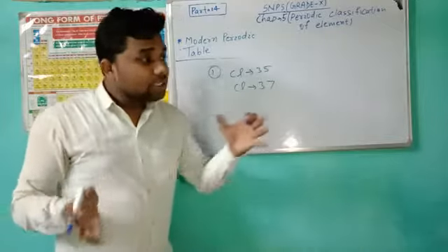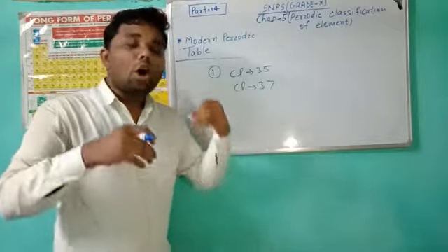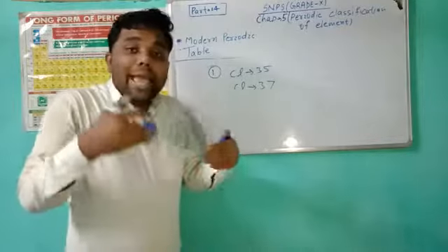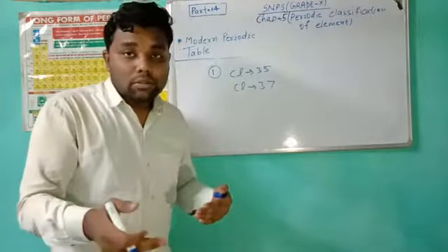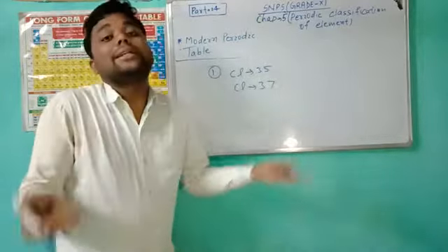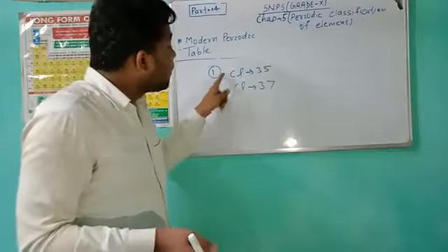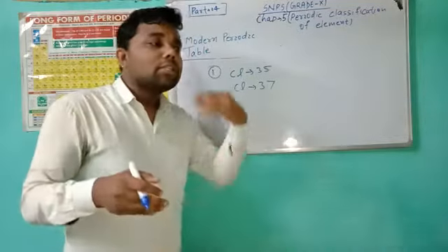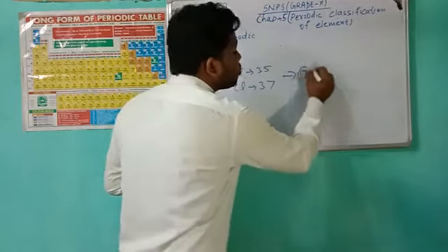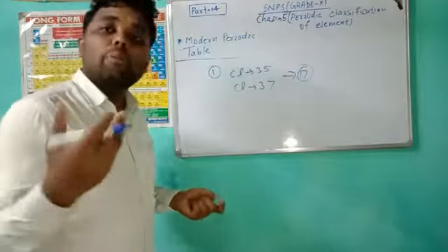So this contradiction is automatically cleared if we take atomic number instead of atomic mass, because both isotopes have the same atomic number, 17.